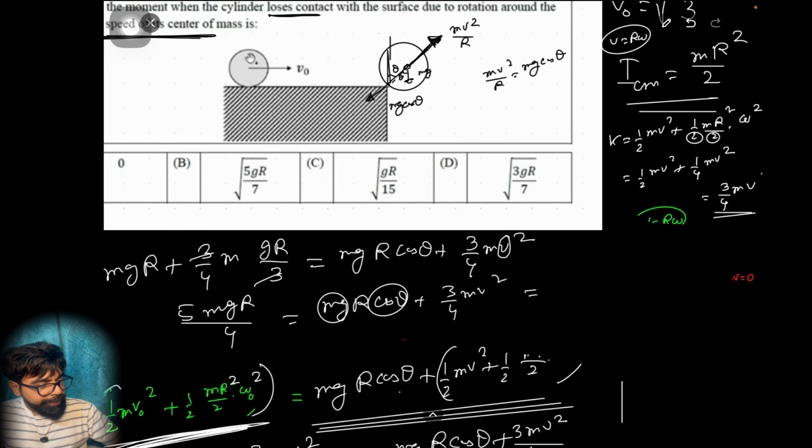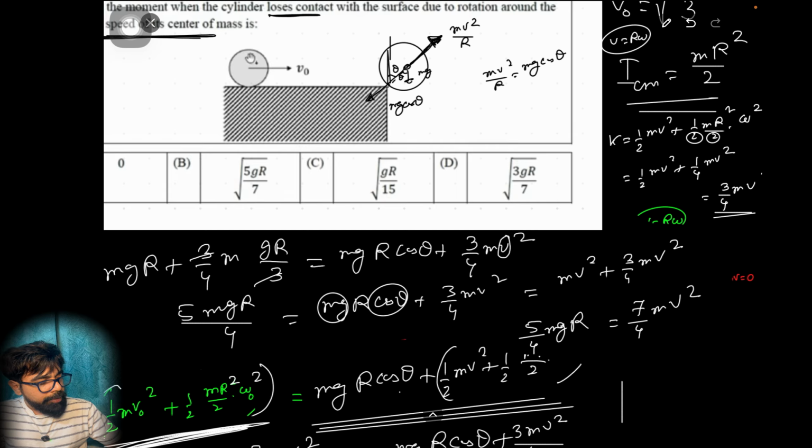So what I am going to get now is mv square by r into r, that means I am getting 1 mv square plus 3 by 4 mv square. So this gives me 7 by 4 mv square is equal to 5 by 4 mgr. The target is to calculate this v. So cancel the mass.